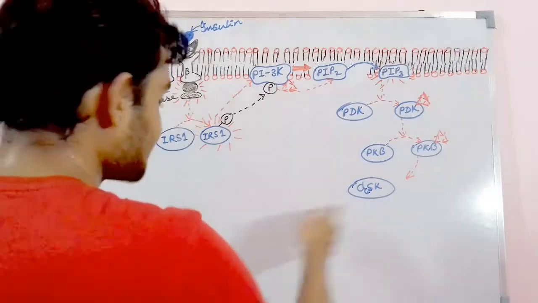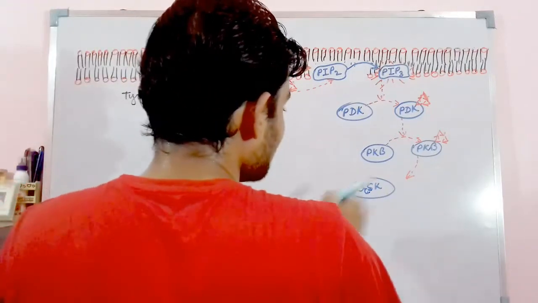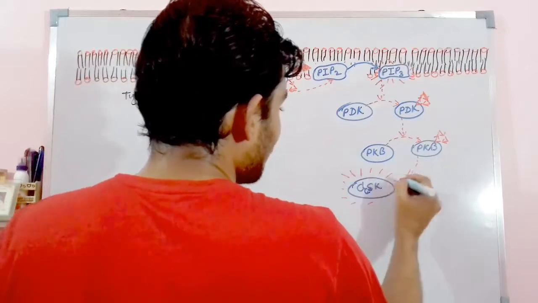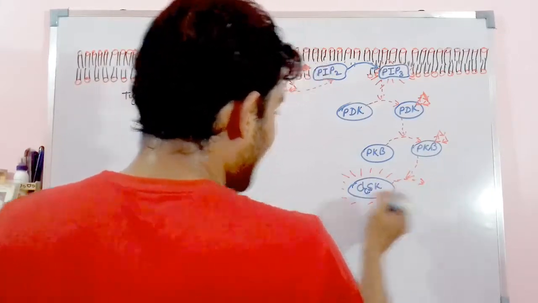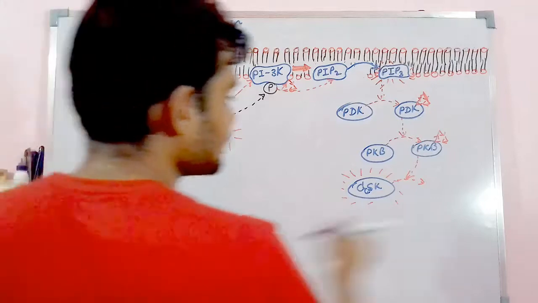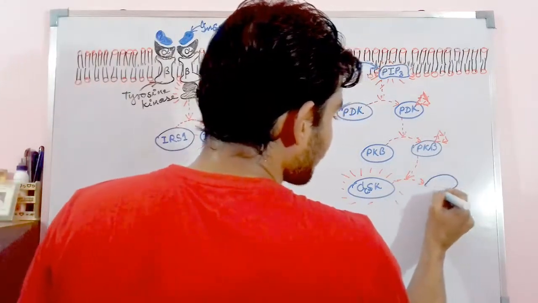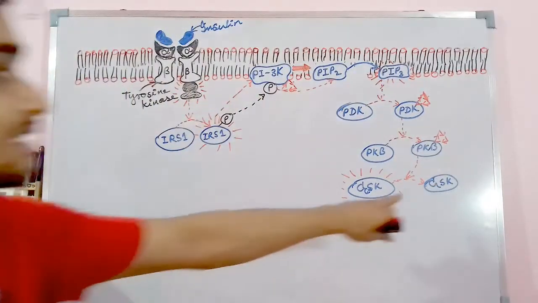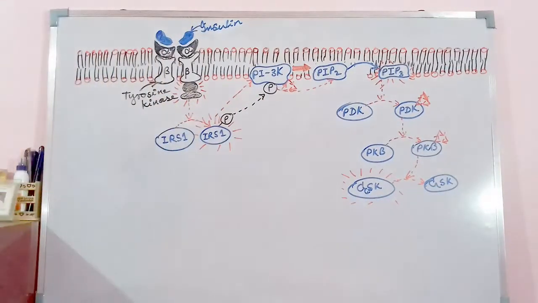This is present in its active form here. Protein kinase B would help in inactivating this glycogen synthase kinase. This is the inactive form of the glycogen synthase kinase.